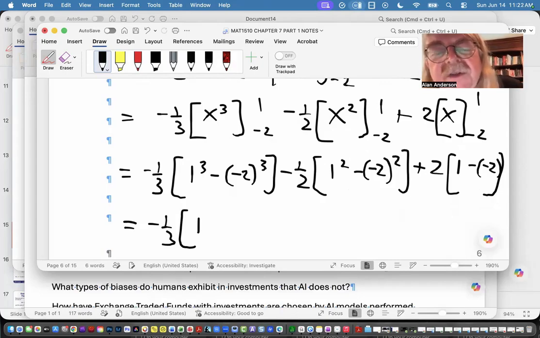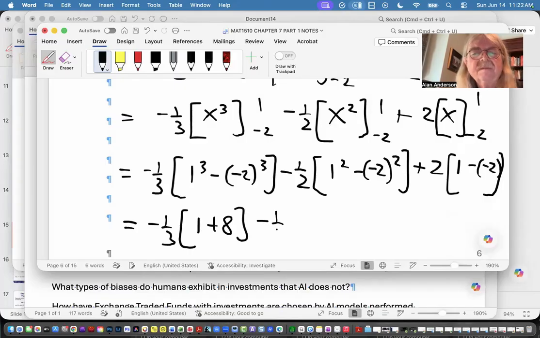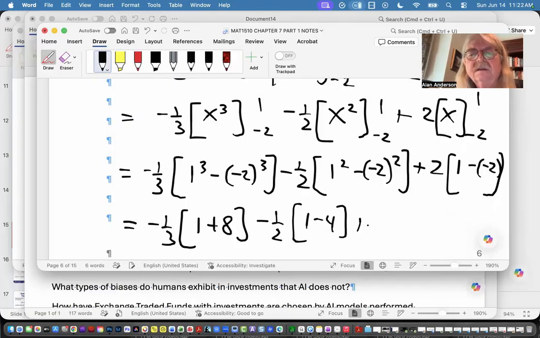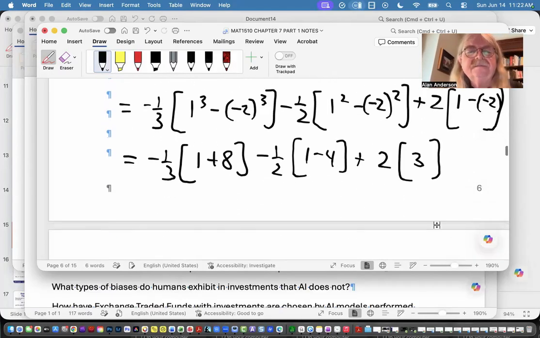Now, of course, negative 2 cubed is negative 8, but we're subtracting it. But now here we're subtracting 4. And here 1 minus 2 is, of course, 3. All right, so we're getting there.